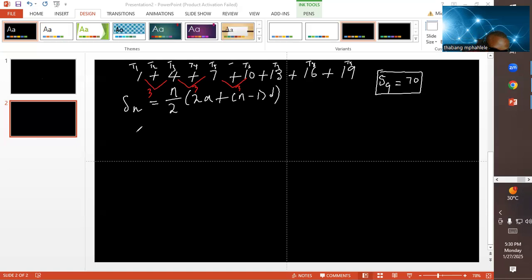So we're going to say the sum of 9 terms: where there is n, I put 9. Then 2, and a is my first term, which is 1. If you look at the series, the first term is 1.